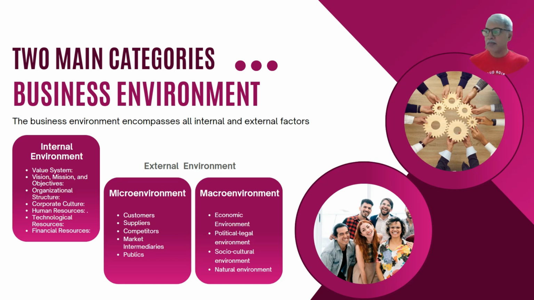In the internal environment, we have value systems, vision, mission and objective, organizational structure, corporate culture, human resources, technological resources and financial resources. And in the external environment, we have two subdivisions, the macro environment and the micro environment.